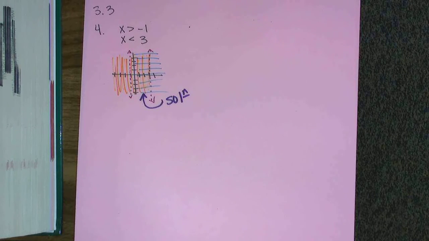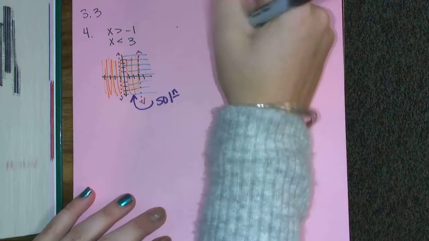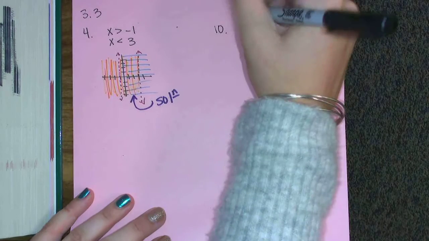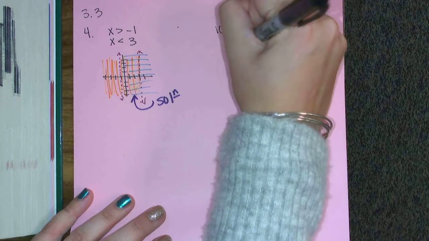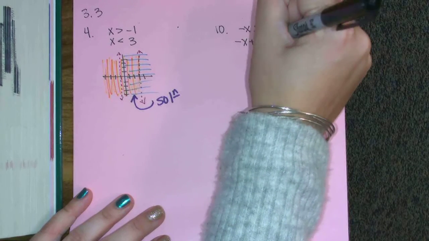Alright, let's see. Got to find the ones that we know. 10. Alright, we have -x is greater than or equal to y. -x plus y is greater than or equal to -5.